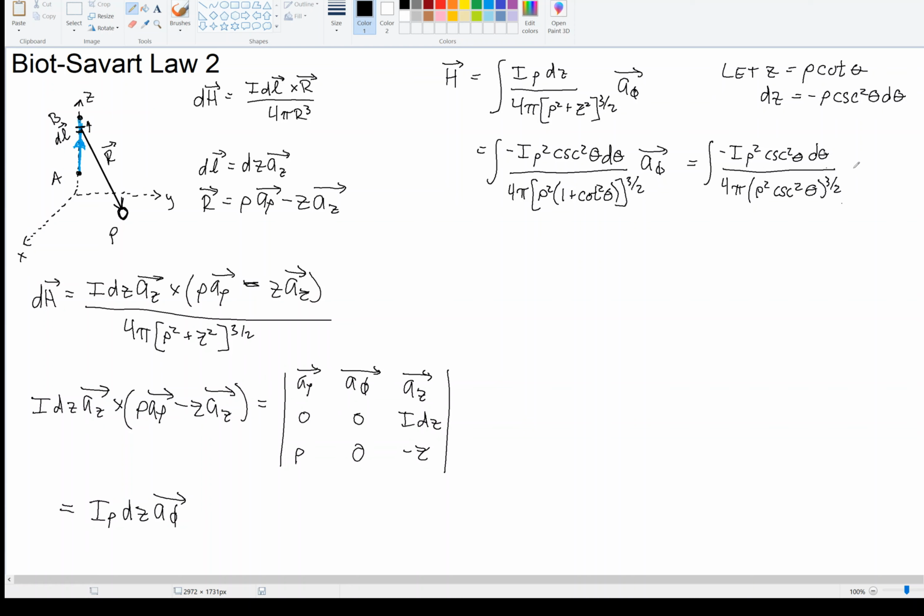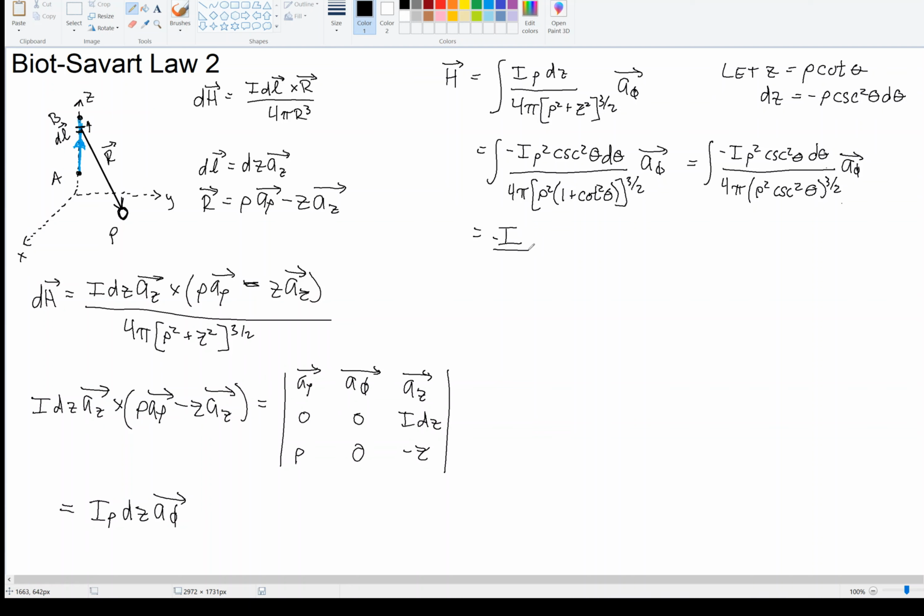That's why you make that substitution in the first place, so you can get that nice property. In the denominator we have cosecant squared to the 3/2, so that makes cosecant cubed. Same thing with the rho, that makes rho cubed. So then I have rho squared over rho cubed, which is 1 over rho, and cosecant squared over cosecant cubed, which is 1 over cosecant, which is sine. That is awesome.